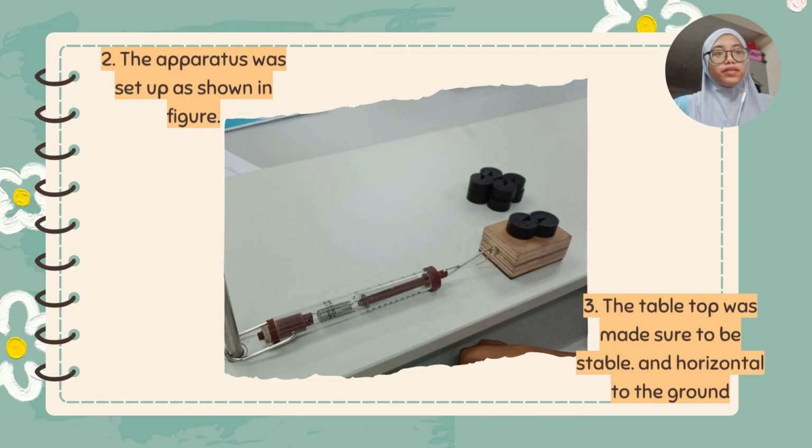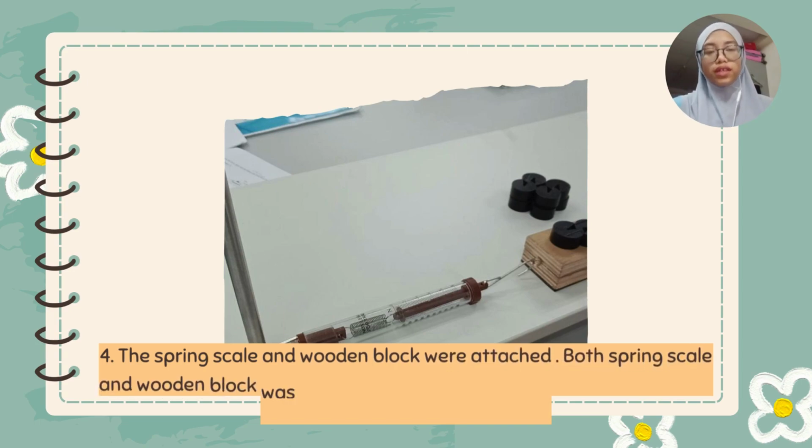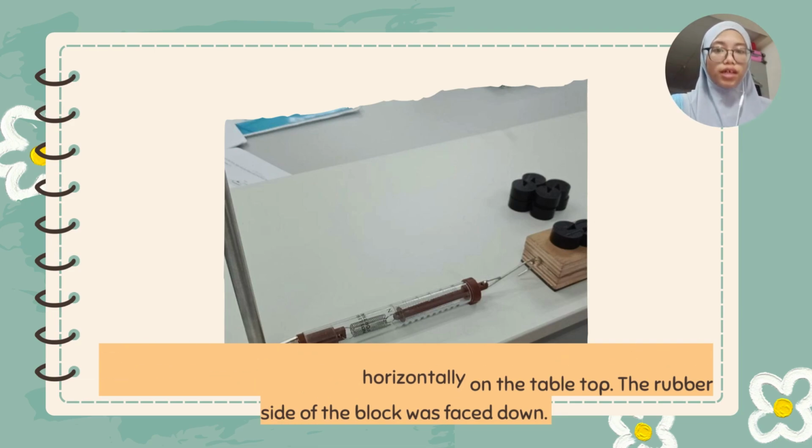Number 3, the tabletop was made sure to be stable and horizontal to the ground. Number 4, the spring scale and wooden block were attached. Both the spring scale and wooden block were placed horizontally on the tabletop. The rubber side of the block was faced down.